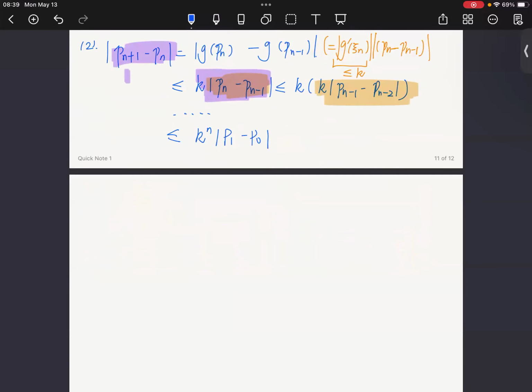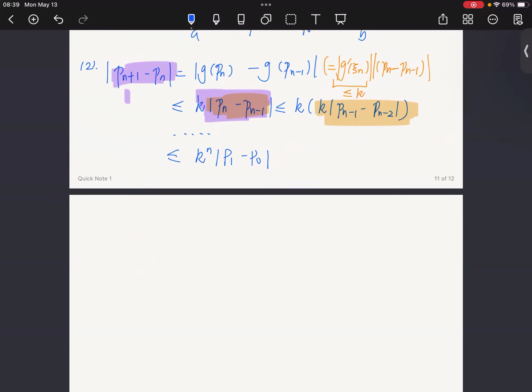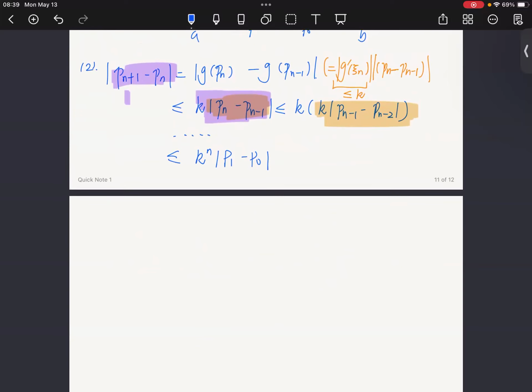So this is the first part, and then we have P n plus 1 minus P n, and it's smaller than or equal to k to the power of n, times P1 minus P0. And then next, we are going to estimate something more.